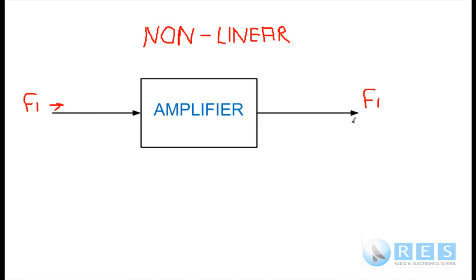At the output of the amplifier I'm going to get 2F1, the second harmonic. I'm going to get 3F1, the third harmonic. That's the fundamental, this is the second harmonic, the third harmonic, and so on to the fourth harmonic, 4 times F1.